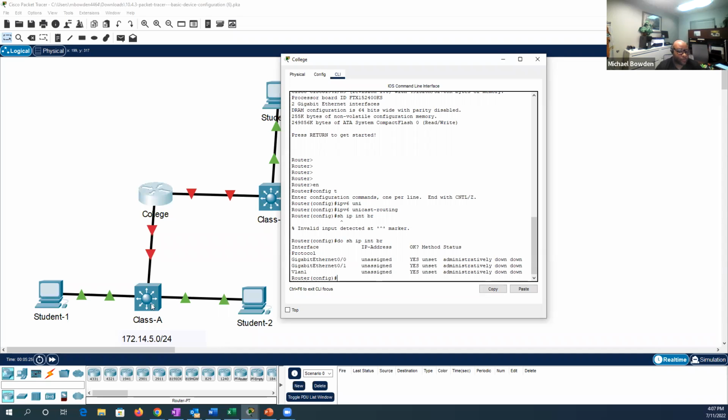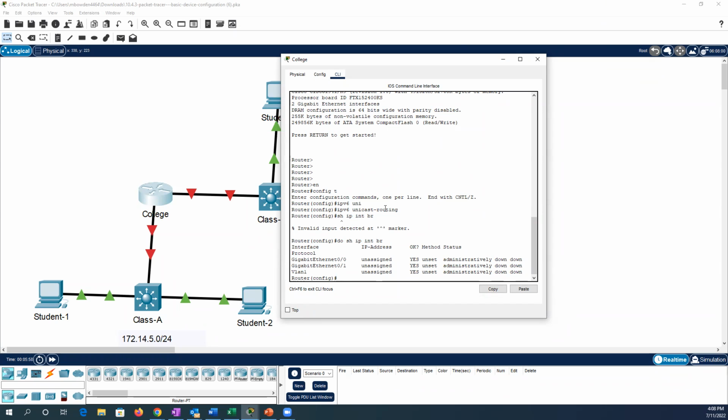Instead of me having to walk to that PC, find out what port it's in and unplug that port, I can just go in and do a shutdown, and it's going to shut that port off to where anything connected to it is not going to work until I go in and do a no shutdown to turn it on. But once it's turned on, IPv6 is still not going to route unless we have that command in the routing.